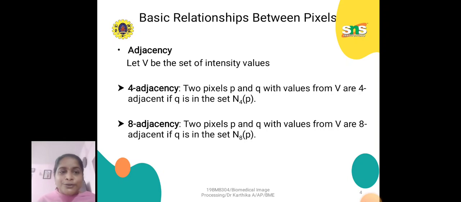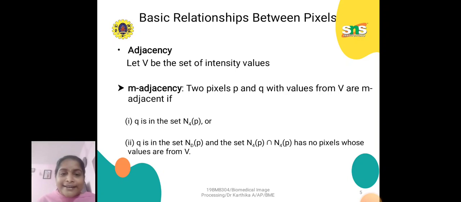In 4 adjacency, 2 pixels P and Q with values from V are 4 adjacent if Q is in the set N4 of P. In 8 adjacency, 2 pixels P and Q with values from V are 8 adjacent if Q is in the set N8 of P. In M adjacency, 2 pixels P and Q with values from V are M adjacent if Q is in the set N4 of P, or Q is in the set ND of P and the set N4 of P intersect N4 of Q has no pixels whose values are from V.